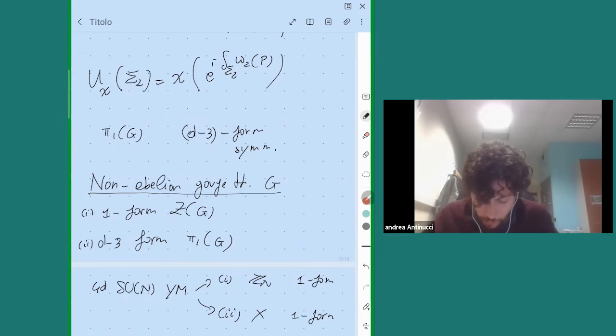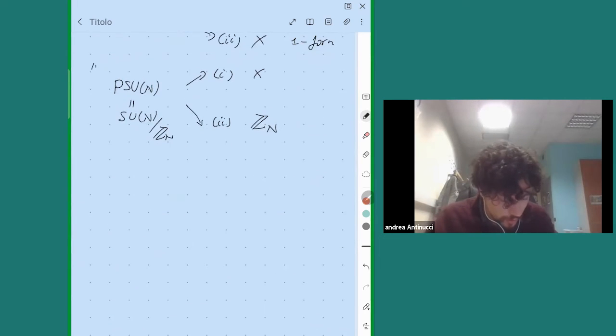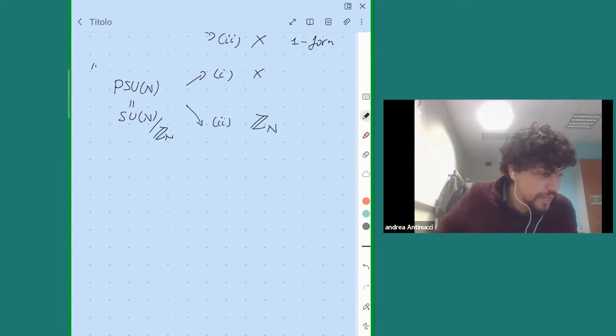Now PSU(N) has no center, but it has a π1, which is Z_N. So you see that we are exchanging the two. And indeed, you can often go from one global form of the gauge group to the other by just gauging the one-form symmetry. And the reason is the following.